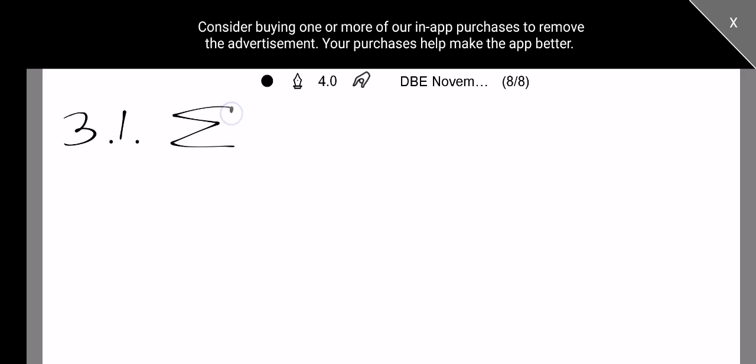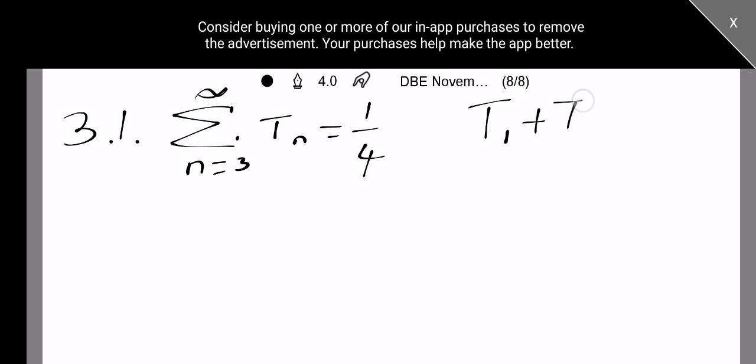It told us that the sum from n equals 3 of Tn equaled 1/4. Now this means that n equals 1 and n equals 2 are not included in this one. Now remember, we were also given that T1 plus T2 equals 2.